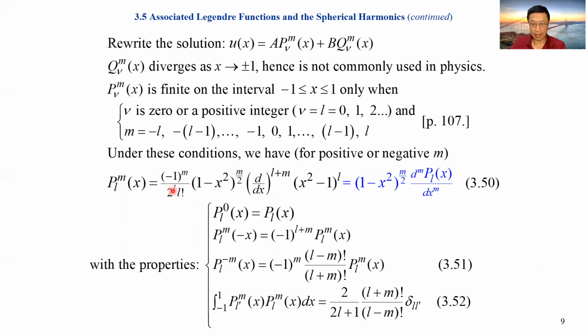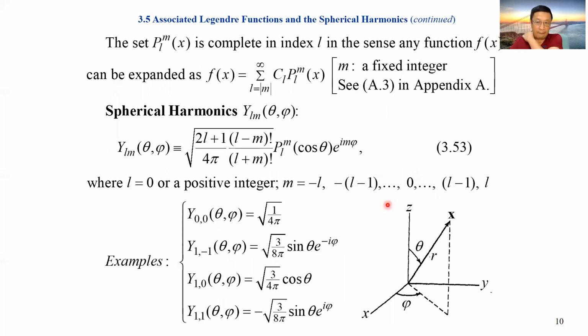Okay, so we can rewrite this one into this form. And these are an orthogonal and complete function set. The set P_L^m is complete in index L. In terms of L, for one index, any function f(x) can be expanded as a complete function set.